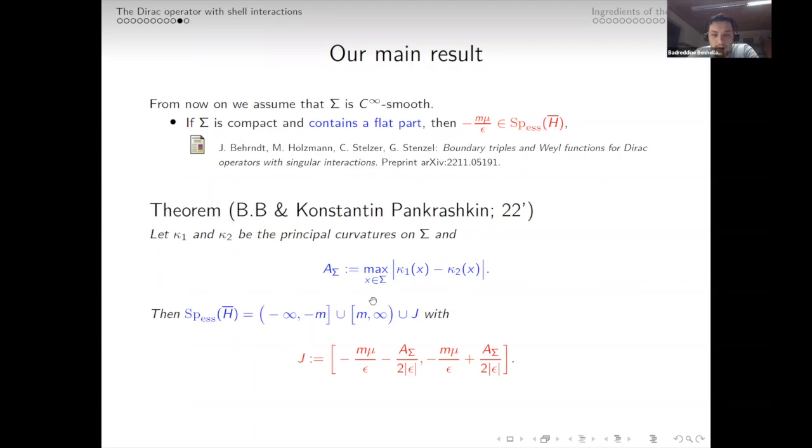Again, these two intervals are always in the essential spectrum. But here the novelty is that we have a full interval inside the gap. This interval is centered at the point that appeared before, and its length is characterized by this difference of principal curvatures.